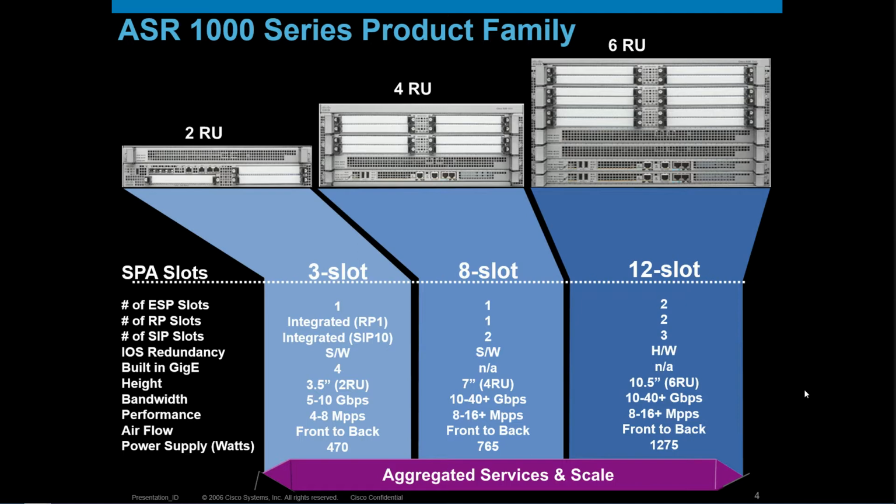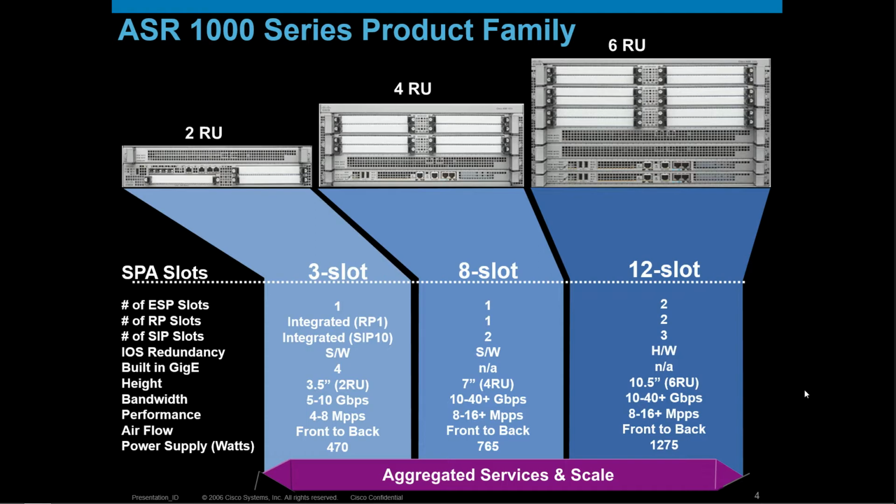For example, the 2U supplies 4 built-on gigabit ports. That's the only one. Those gigabit ports only allow for 5 to 10 gigabits per second of total bandwidth, with performance of 4 to 8 mega packets per second.